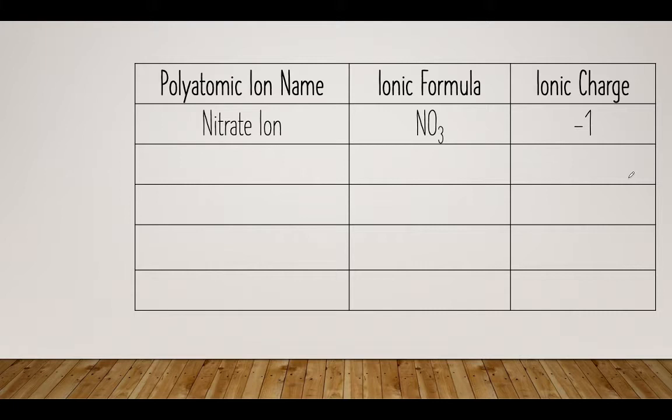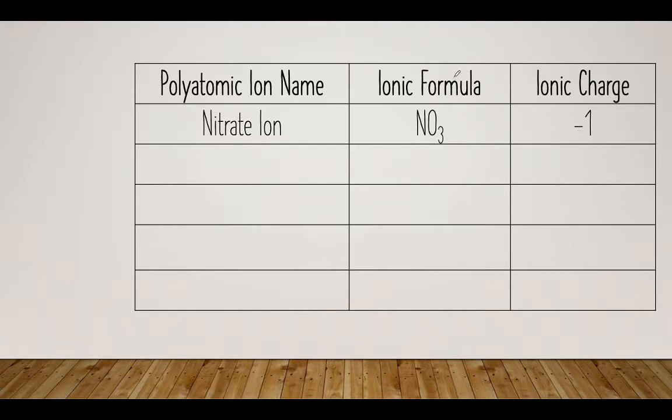So here are the 5 main polyatomic ions that you might already know, but you're going to need to know. The first one we've already mentioned is nitrate. As I talked about already, nitrate has an ionic formula of NO3, and its charge is -1.